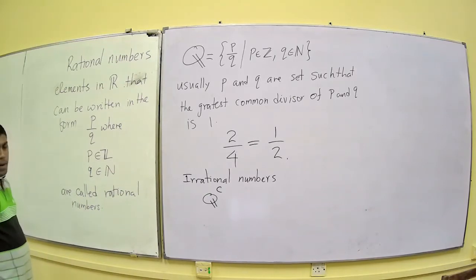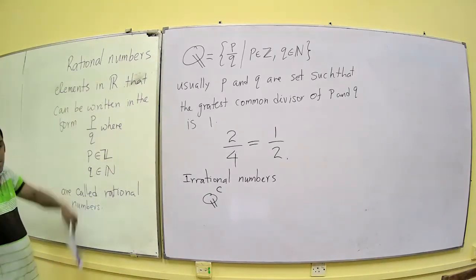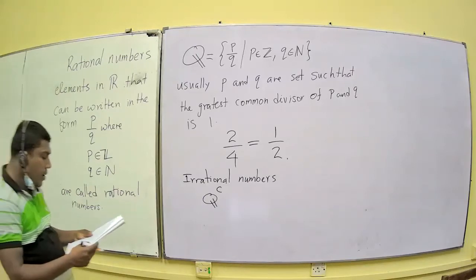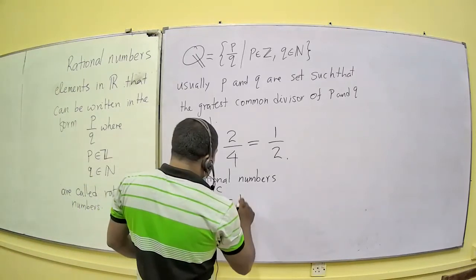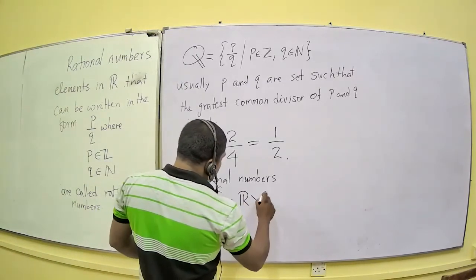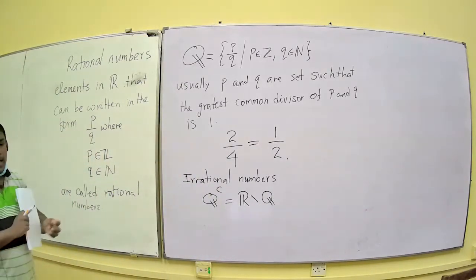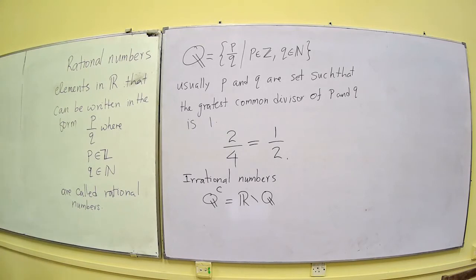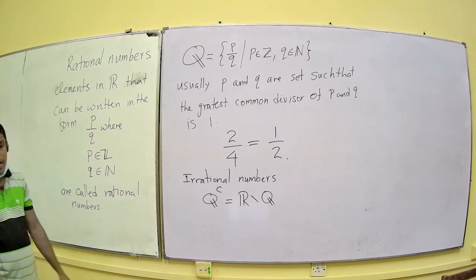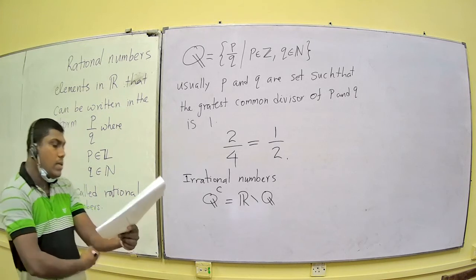So basically Q complement. Q is rational, so it is Q complement, which is basically R set minus Q. Everything in the real numbers except rational numbers is called an irrational number.